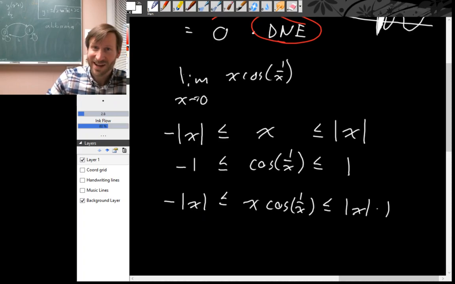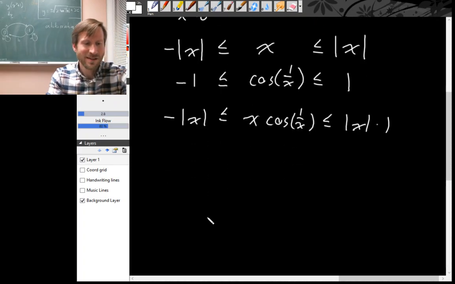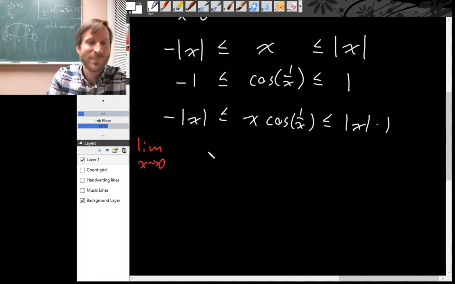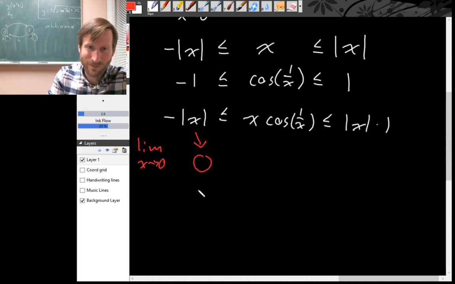Now that we know that, let's go ahead and take the limit as x goes to 0. Well, as x goes to 0, what happens to the negative of the absolute value of x? x is going to 0, so the inside is going to 0, so the whole thing goes to 0.